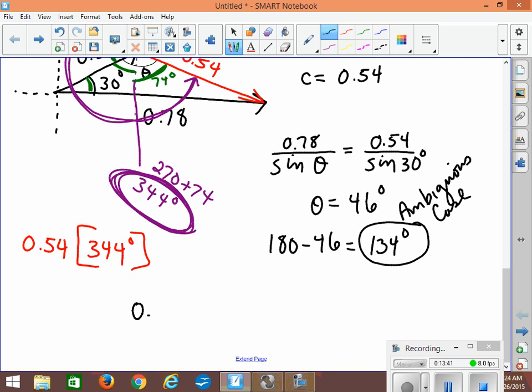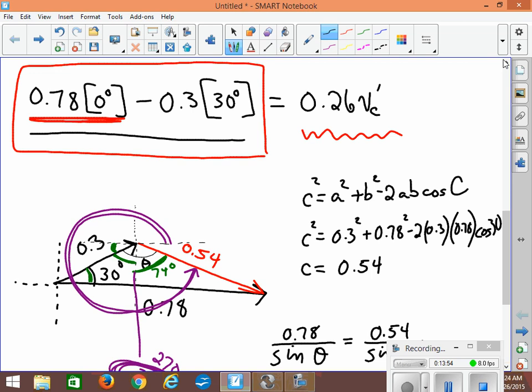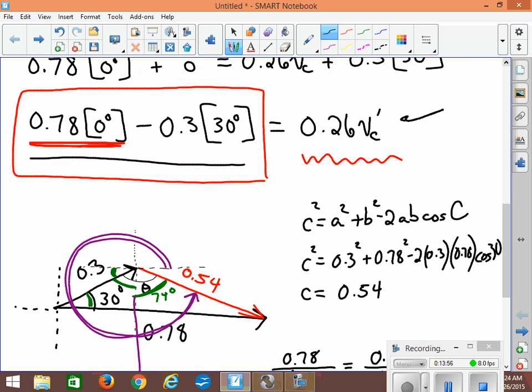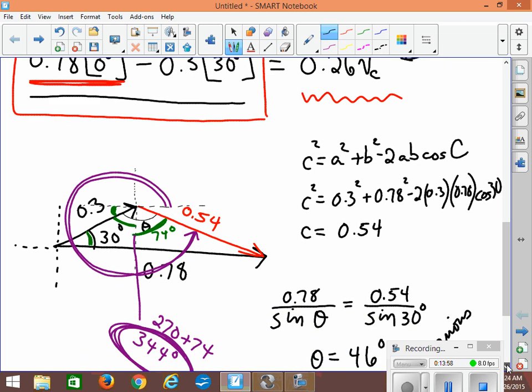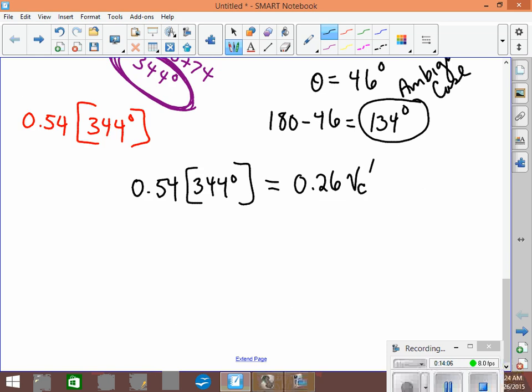So we have figured out that 0.54 at 344 degrees equals what was on the other side, which is 0.26 VC prime, the velocity of the cue ball after. Now to do this, you're going to divide 0.54 by 0.26.